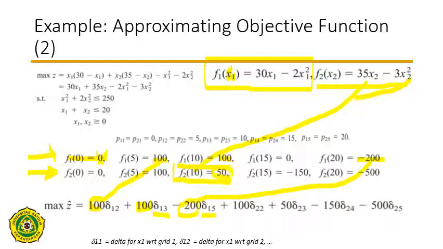And then do the same thing for the x2 variable. So we have 100 times delta 2,2, 50 times delta 2,3, minus 150 times delta 2,4, and minus 500 times delta 2,5.